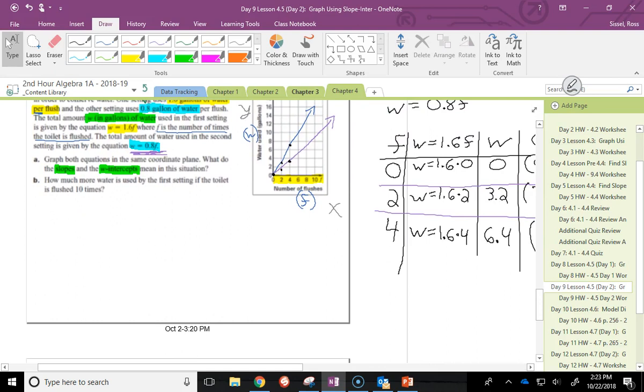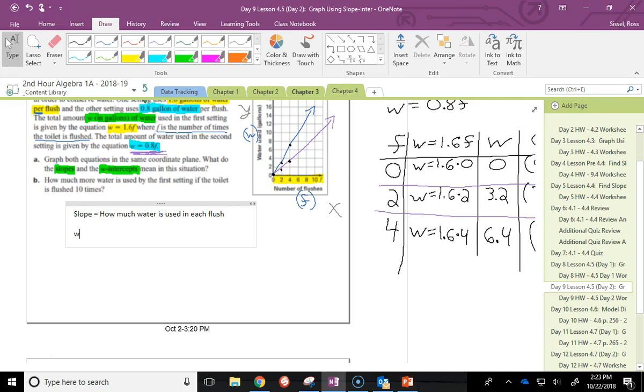And now I'm going to go back to my question. And it says, graph both equations. We did. What do the slope and y-intercepts mean? Okay, so in each one, our slope was telling us how much water is used in each flush.